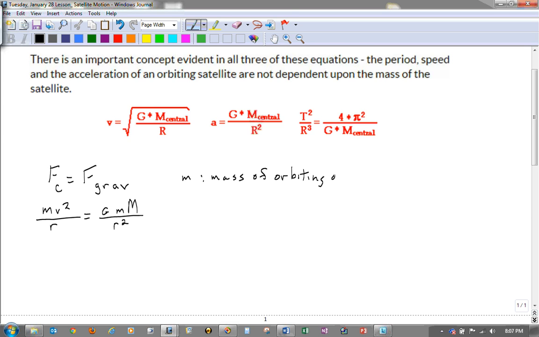And that could be a satellite, it could be the moon going around the earth, it could be the earth going around the sun, but it is what is actually in orbit. The capital M is the mass of the central object, and by that we mean the mass of the object which the other one is going around.